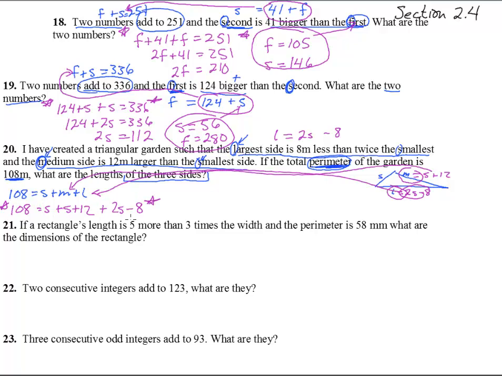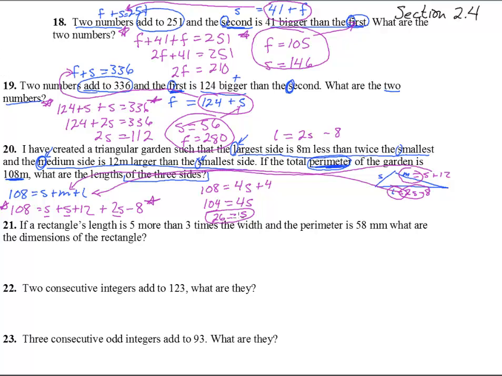What a happy equation we have there. 108 equals s plus s plus 2s. We can combine those together. That's 4s. Plus 12 and a minus 8, that's a plus 4. So we subtract 4 and we get 4s equals 104. When we divide by 4, we get s equals 26. Now this is not the answer. This only gives us one of the answers.